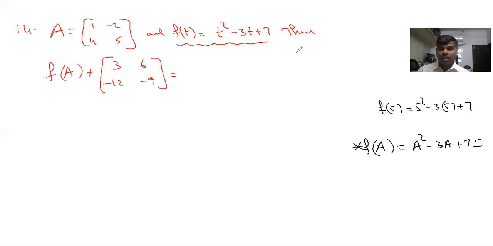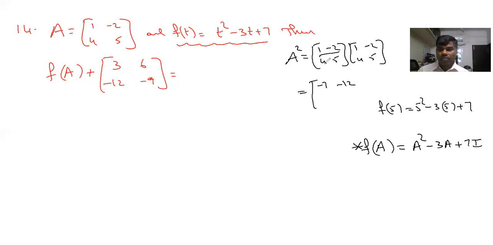So let us calculate the A square separately and then write it directly here. A square equal to [1, minus 2; 4, 5] times [1, minus 2; 4, 5]. Now the first row with the first column: 1 minus 8, minus 7. First row with the second column: minus 2 minus 10, minus 12.